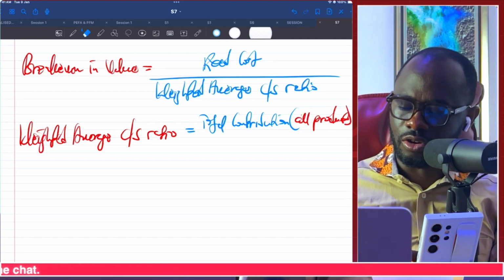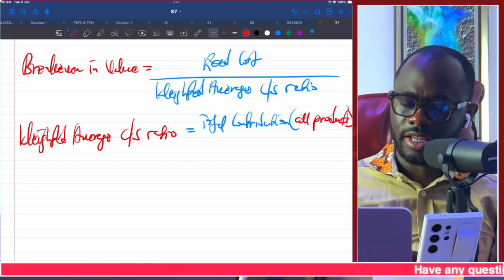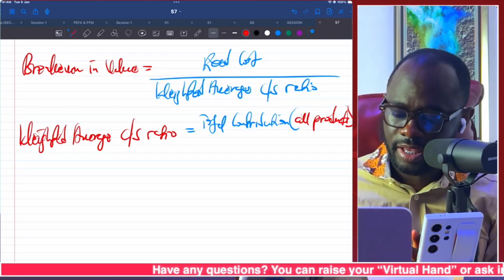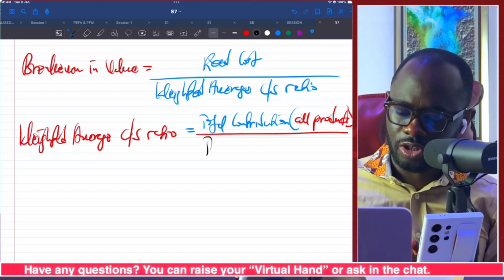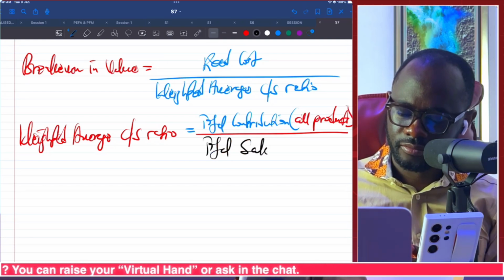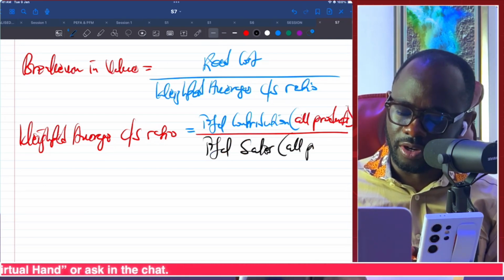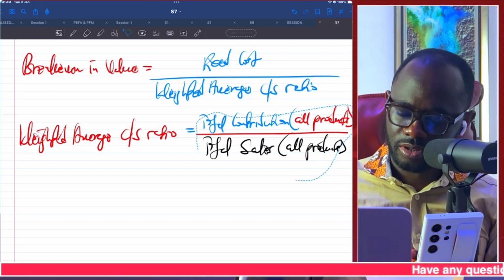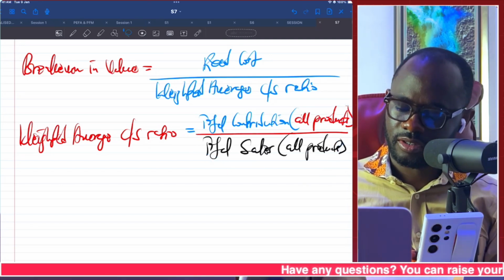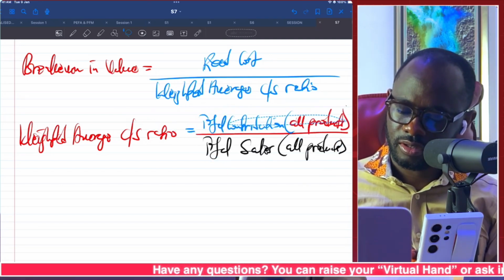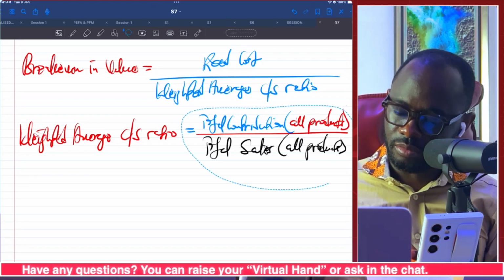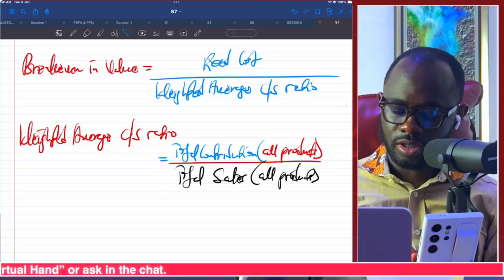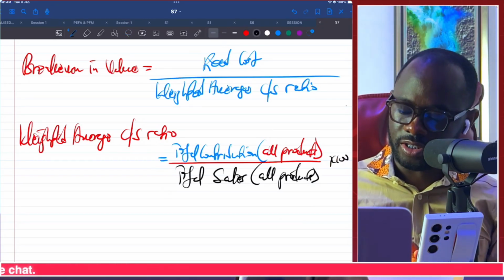So you calculate contribution for each of the products, then you add it together to get a total contribution for the company, divided by your total sales, again from all the products, times 100. So let me bring this down a little bit so I can work my percentage.